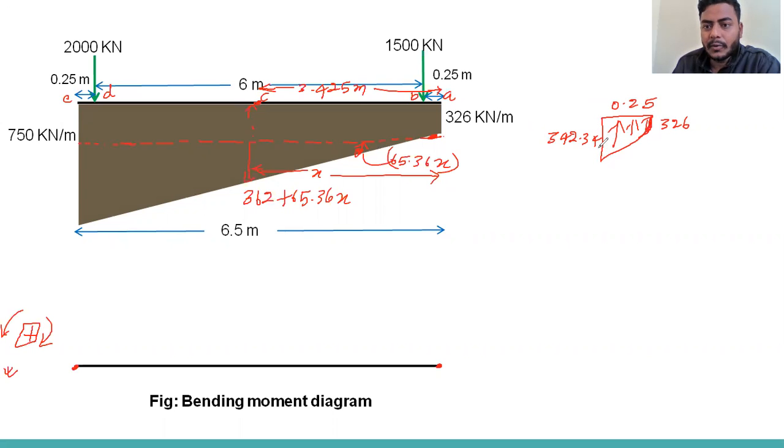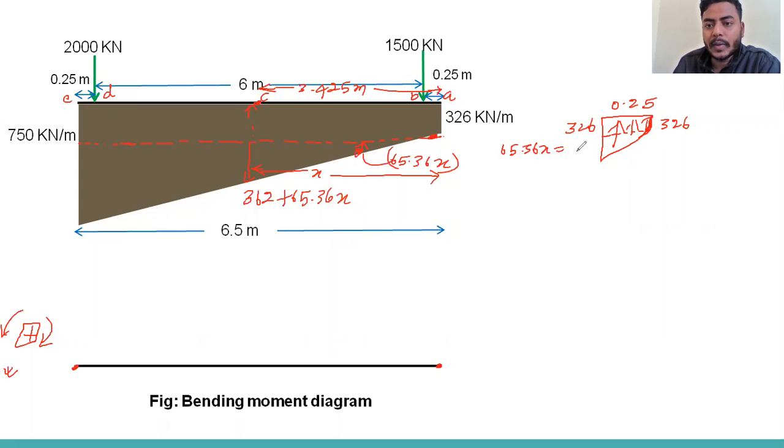Okay, so what we will do, we will divide this whole load, this trapezoidal section, into two sections. One section is rectangular, the other is triangular. So this will be the 326 and this will be the 65.36x.